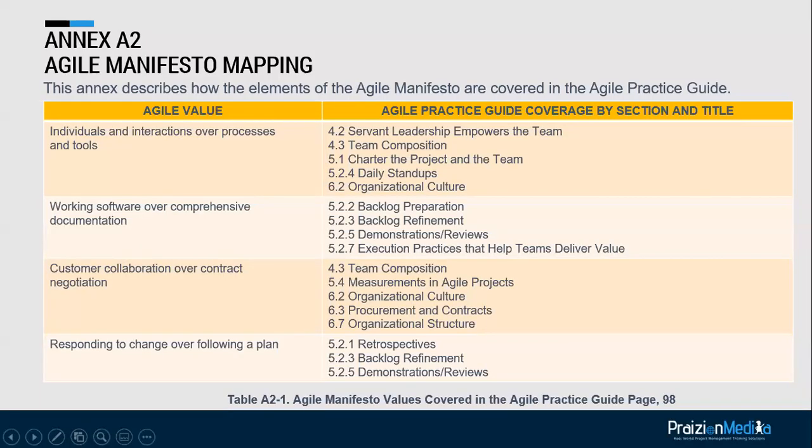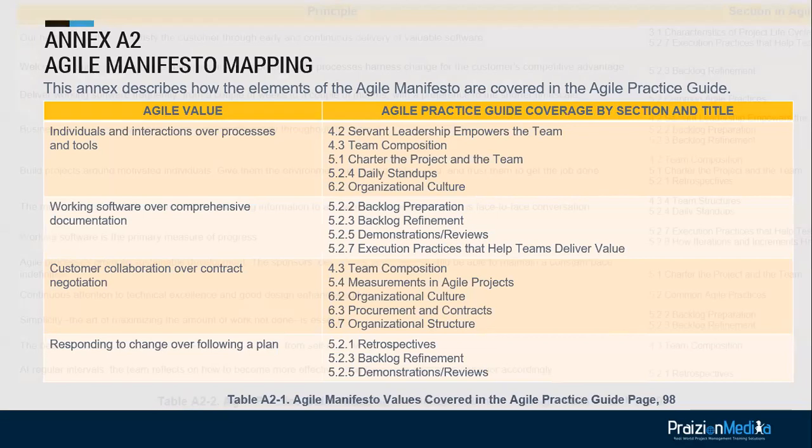So for those of you who are able to watch the video via YouTube, just take a look right there on the screen. You can see this is Annex A2, Table A2-1 on page 98.